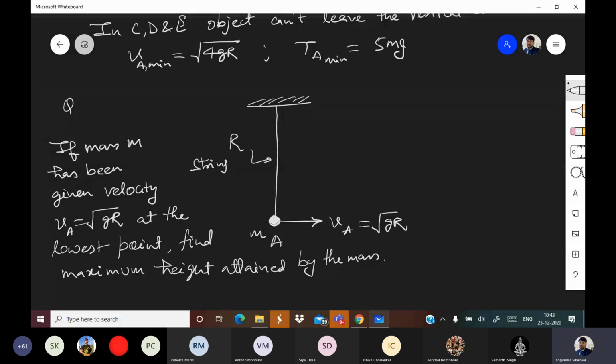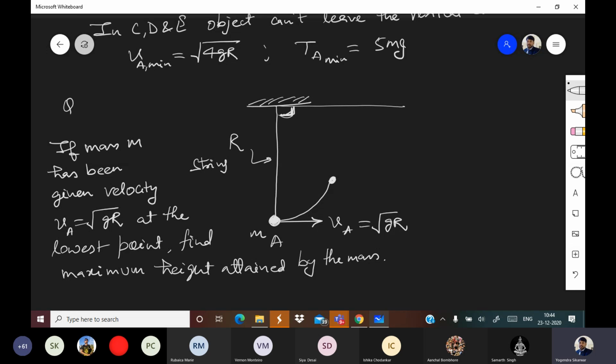Okay, everyone, please pay attention. Suppose it goes up to here. First of all, listen very carefully. As you can see, VA is equal to root GR. It is less than root of 2GR, correct? That means it will not be able to cross this height, or rotate by angle 90 degree.